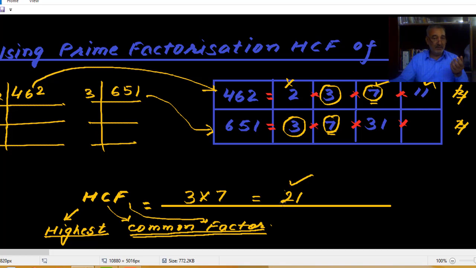This is the largest number, the highest number that can divide both these numbers without leaving any remainder, or can divide exactly.